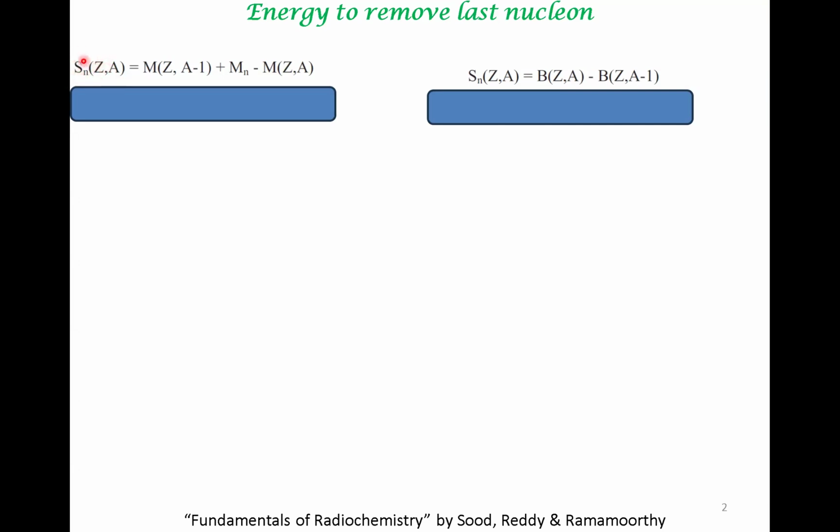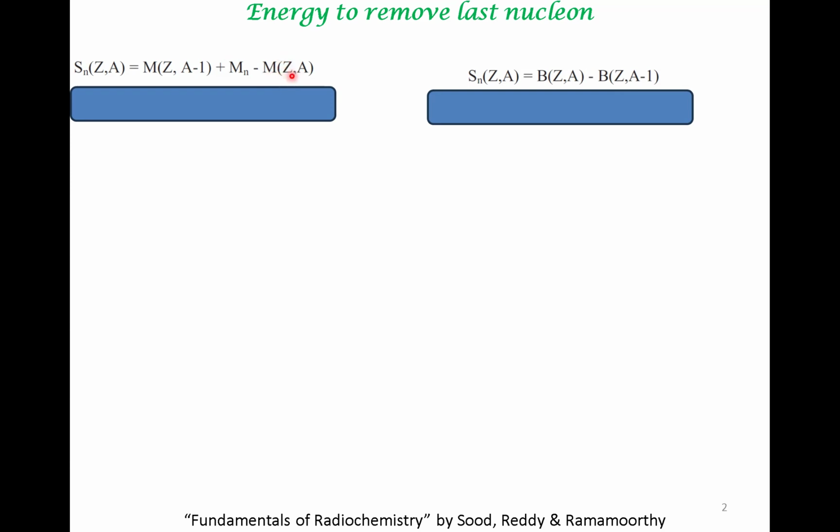Here we indicate the separation energy for a neutron, because mass is indicative of energies. The separation energy for removal of one neutron is given by this formula. This is the mass, which is reflective of energy.